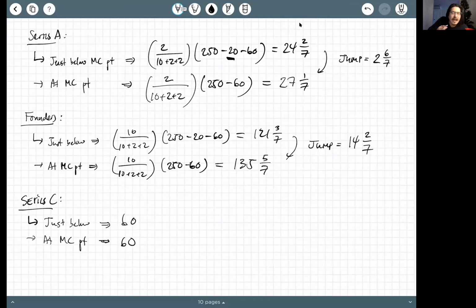So any stakeholder that at a mandatory conversion point owns zero equity or participates in zero equity will always get a zero jump or drop.